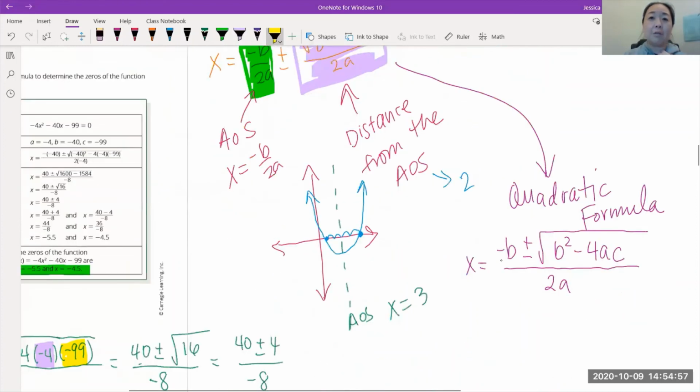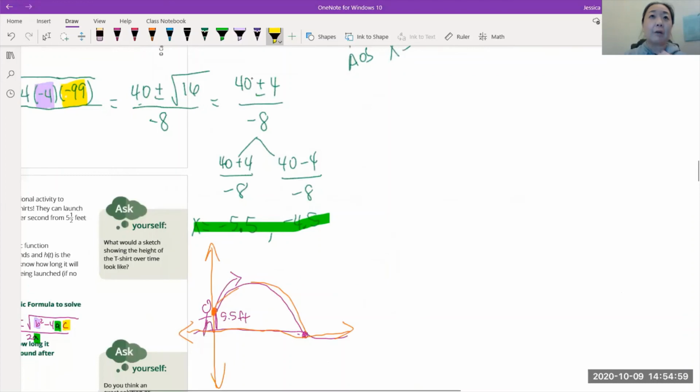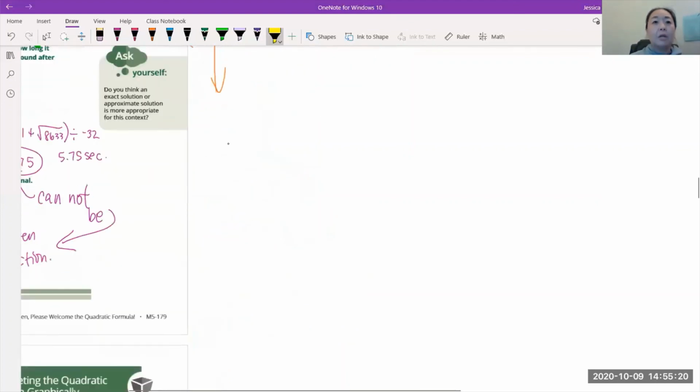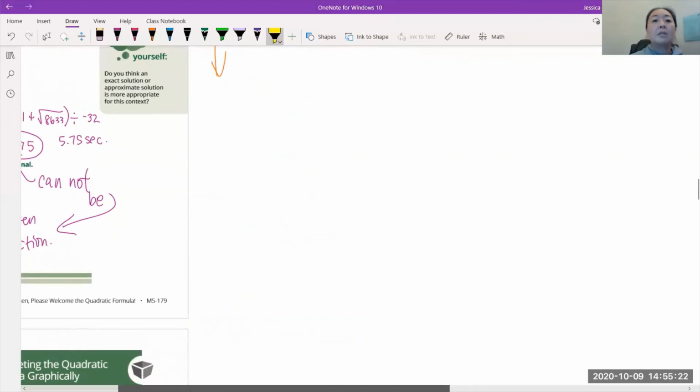But if you can reduce it, like how we did here, like we knew what the square root of 16 was, it was 4, and we can add 40 plus 4, we can add those together, then you have to simplify as far as you can, right? But if you have a square root that's not a perfect square, then you could leave the answer with a plus or minus the square root of 5 or square root of whatever the answer was for the radical.